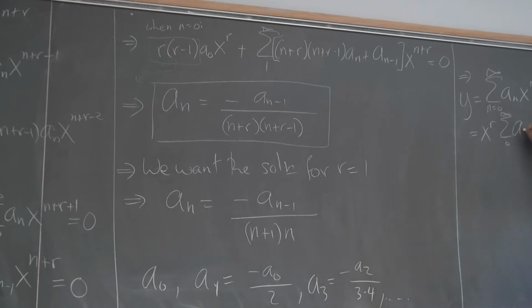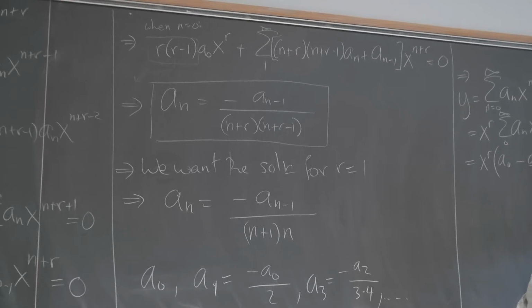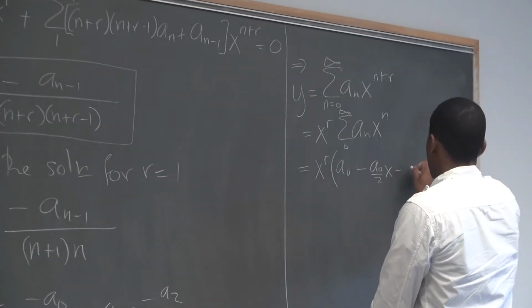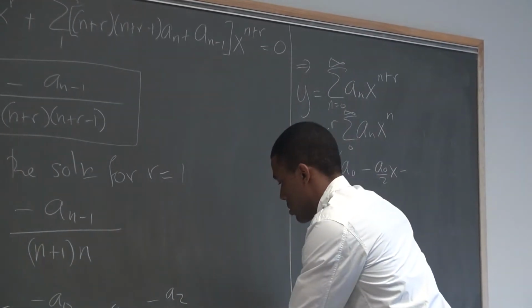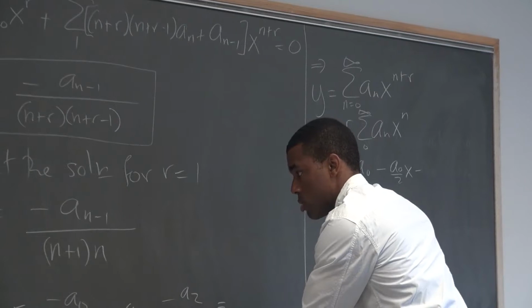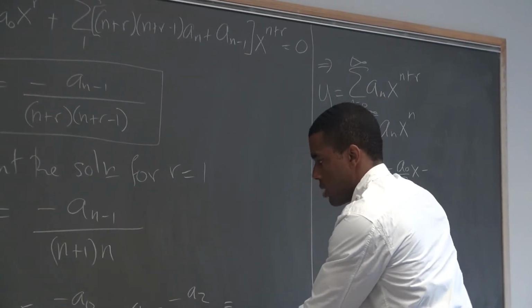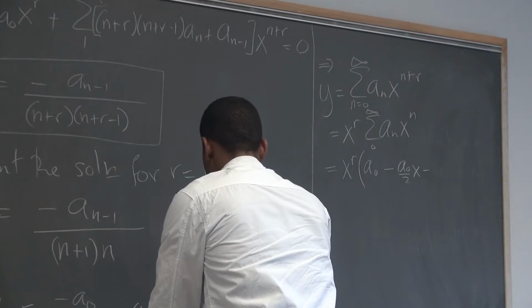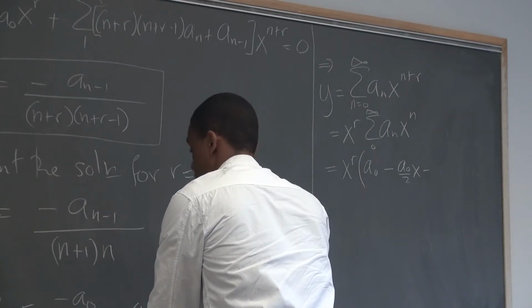Sometimes I like to just factor this out. So it's x to the r times a0 minus a0 over 2 x minus, I want to write this as A0, A2, I didn't find it.